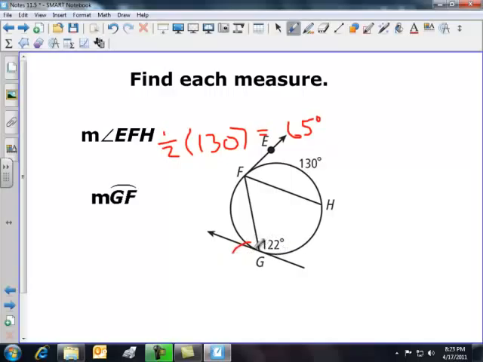What that would mean is that this angle, angle FG, make up your own letter here, would have to be 58 degrees. So to find the measure of arc FG, since the measure of this angle is half of the intercepted arc, 58 is half of 116 degrees. So the measure of arc GH will be 116 degrees.